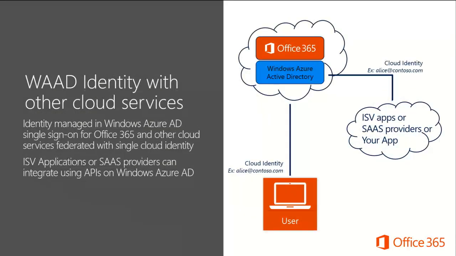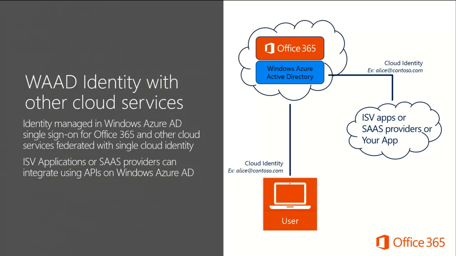All right, so one more thing that I wanted to talk about. Now that you have all set up Office 365 and you have your directories in Windows Azure Active Directory, you can make use of Windows Azure Active Directory for other applications.